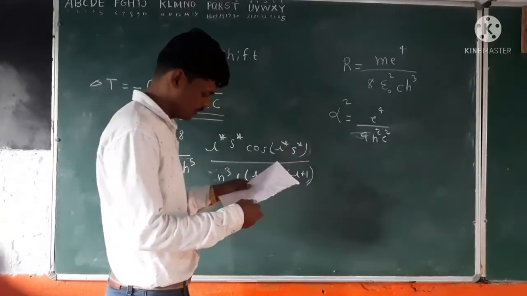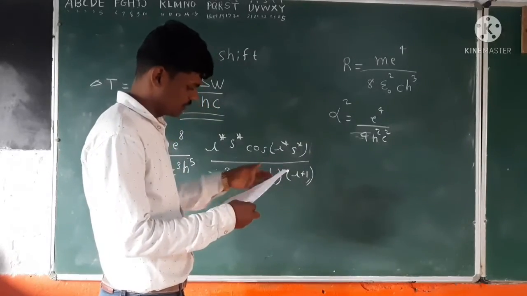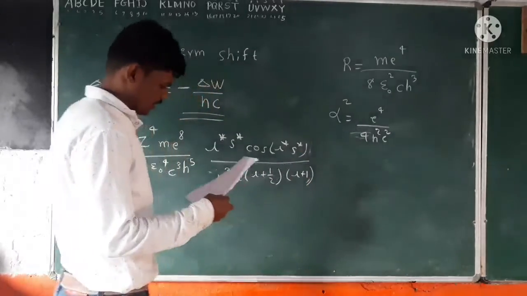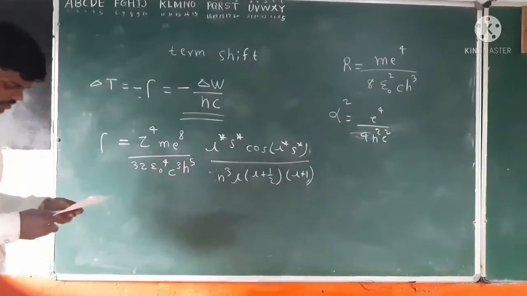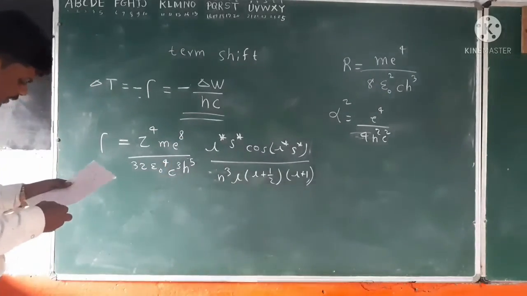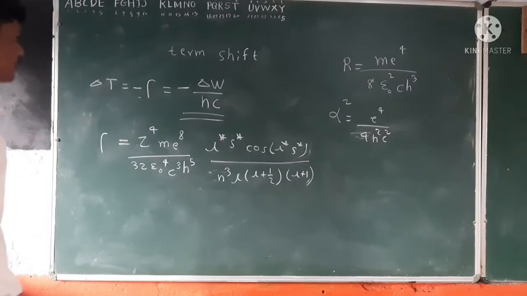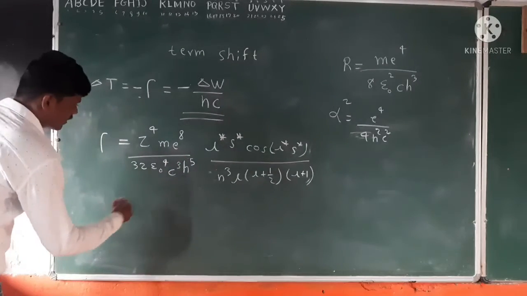Now the last one. So we are putting these two values in this equation and reducing it. We can put the value of R and alpha squared here.